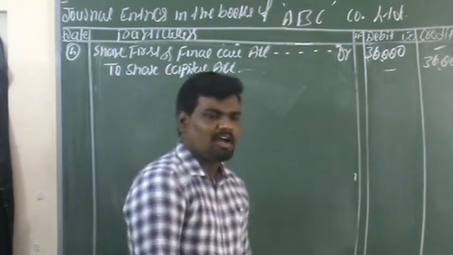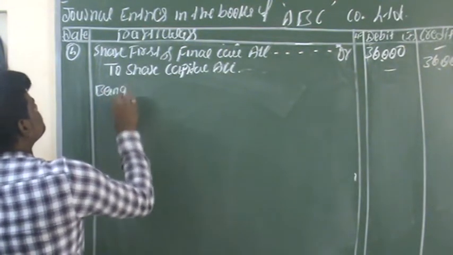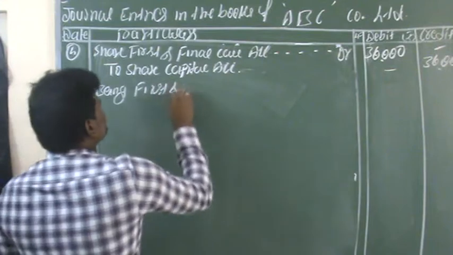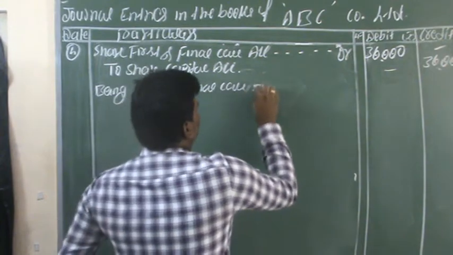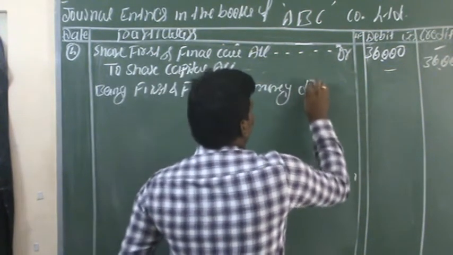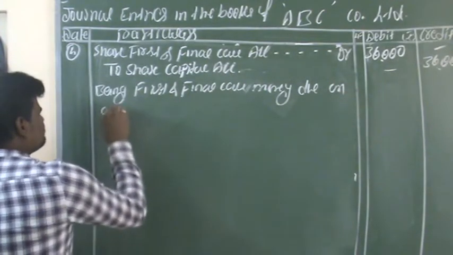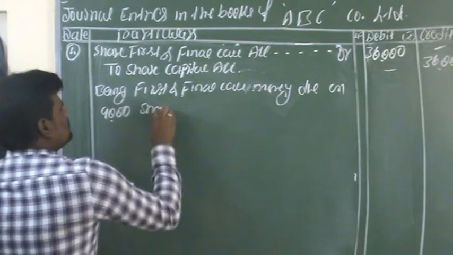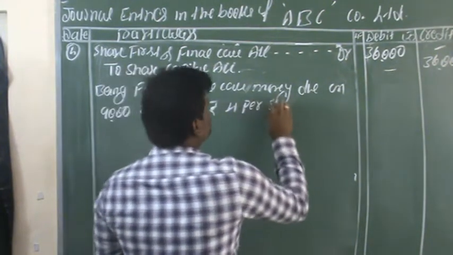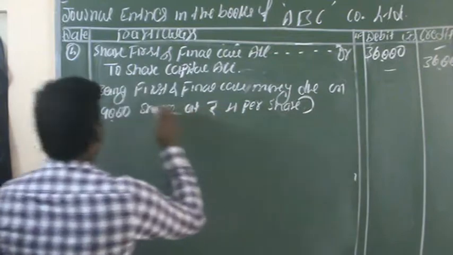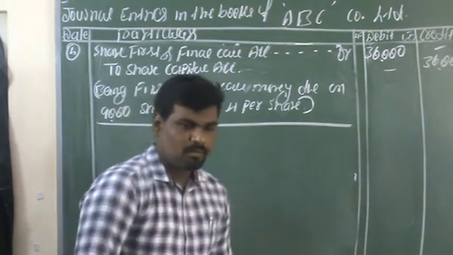For the first and final call money due, the narration being: first and final call money due on 9,000 shares at rupees 4 per share.